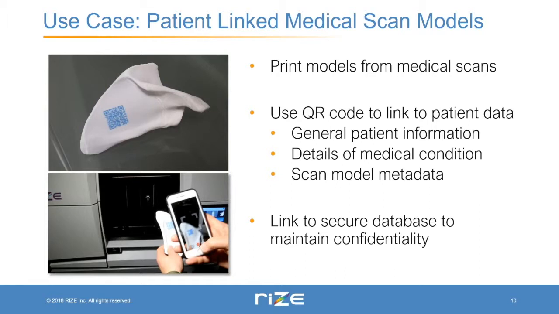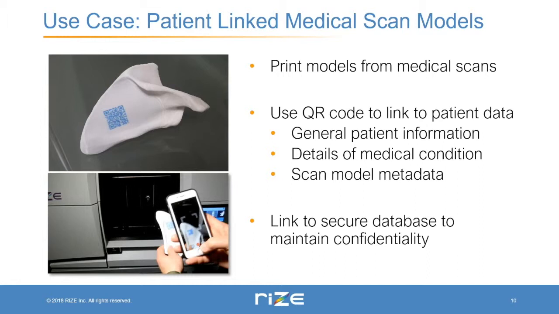Most importantly, that type of data is confidential, and linking the QR code to a secure database gives doctors convenient and organized documentation of the printed patient models, but it prevents unauthorized users from accessing a patient's personal information, even if they happen to have access to the physical printed part.